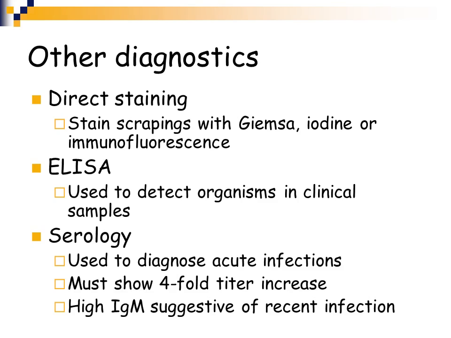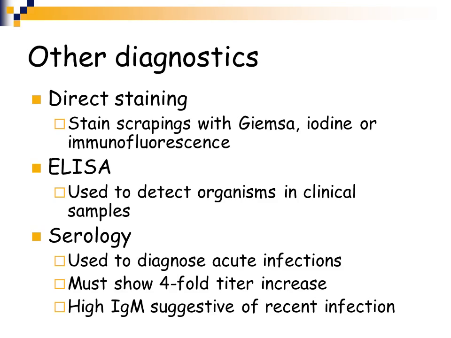So you can do direct staining, such as tissue scrapings and do tissue stainings like Giemsa. You can do that iodine or immunofluorescence staining like we saw on the previous couple of slides. More commonly, you're going to use ELISA techniques to detect organisms in your clinical samples.